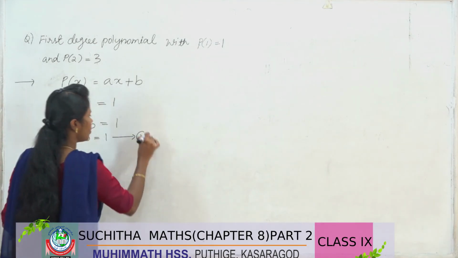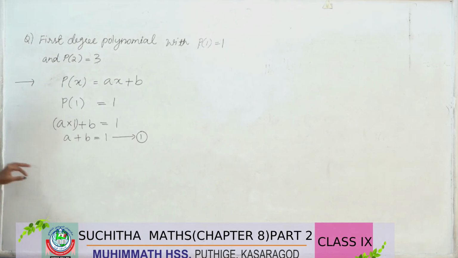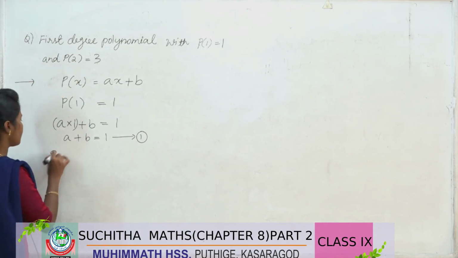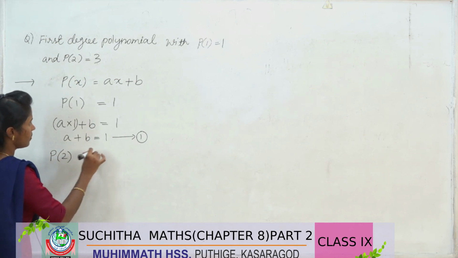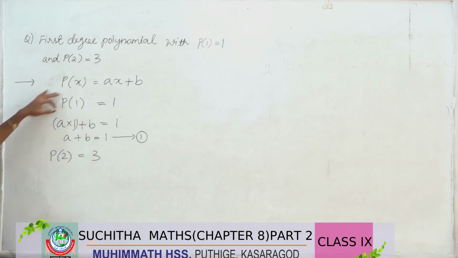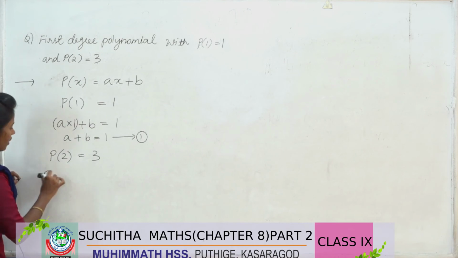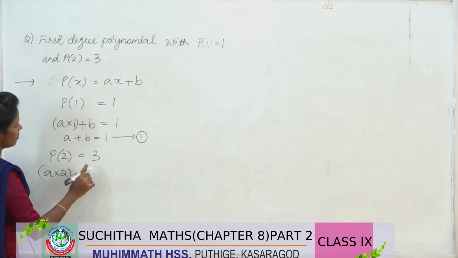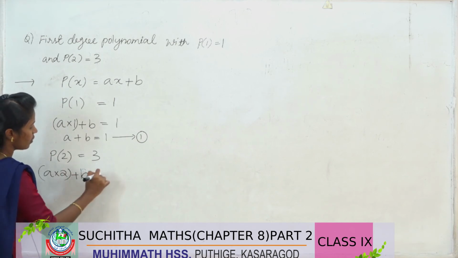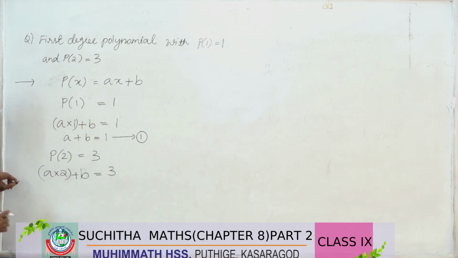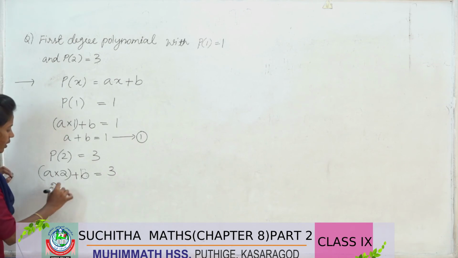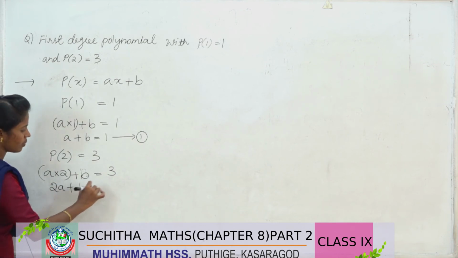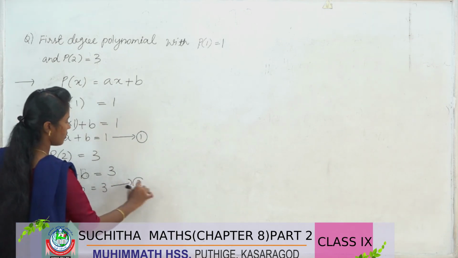So it is equation number 1. The next condition is P of 2 equal to 3. So P of 2 is a into 2 plus b equal to 3. A into 2 is 2a, so 2a plus b equal to 3.